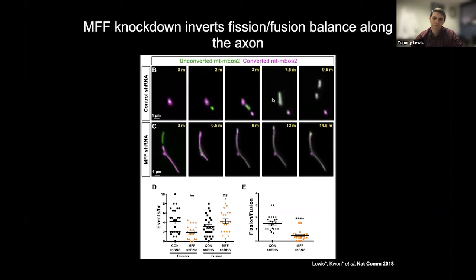But soon after that fusion event, a fission event occurs to break those apart, so they don't stay fused as long mitochondria. Whereas in the MFF knockdown condition, we see a fusion event, and that fusion event is basically never followed by a fission event, leading to this accumulation of longer mitochondria along the axon.